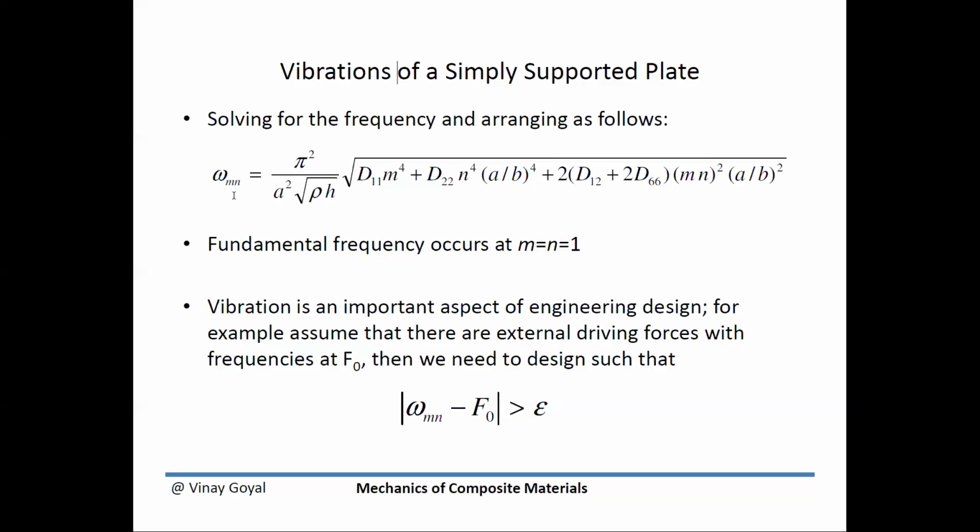And so you can see clearly here, since omega is directly related to m to the 4th, n to the 4th, and so forth, then m and n equal to 1 gives you the lowest fundamental frequency. And then you have other natural frequencies with varying values of m and n.